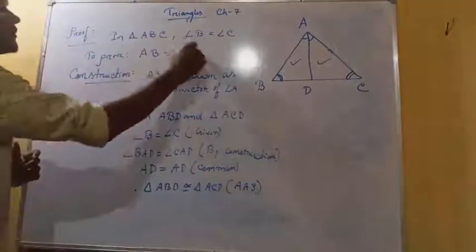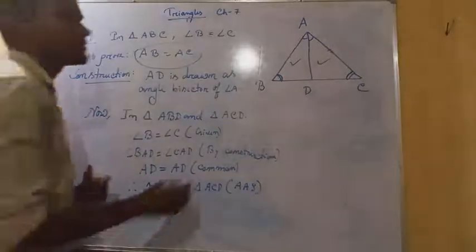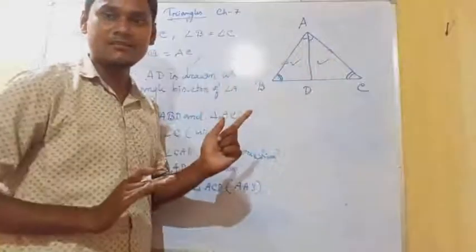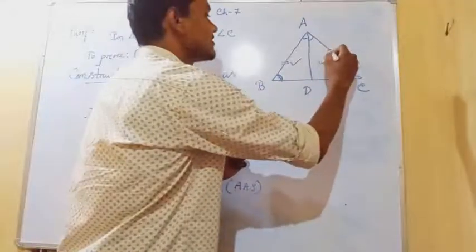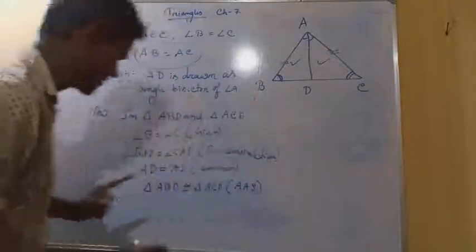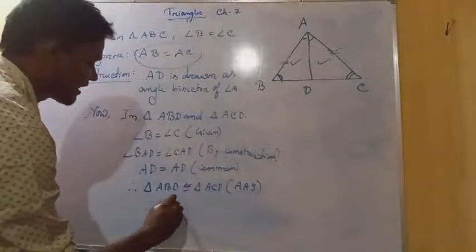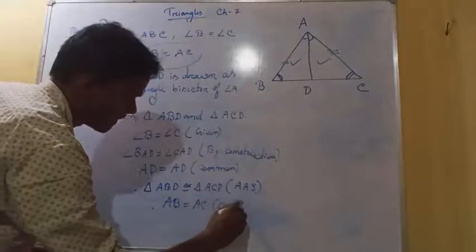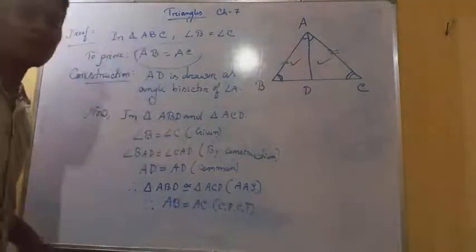Where are those corresponding parts? We are supposed to prove AB is equal to AC. So you see here, this AB side belongs to triangle ABD, isn't it? Next, AC side belongs to ACD, right? So directly we can write, therefore, AB side is equal to AC side, by CPCT, corresponding parts of congruent triangles.